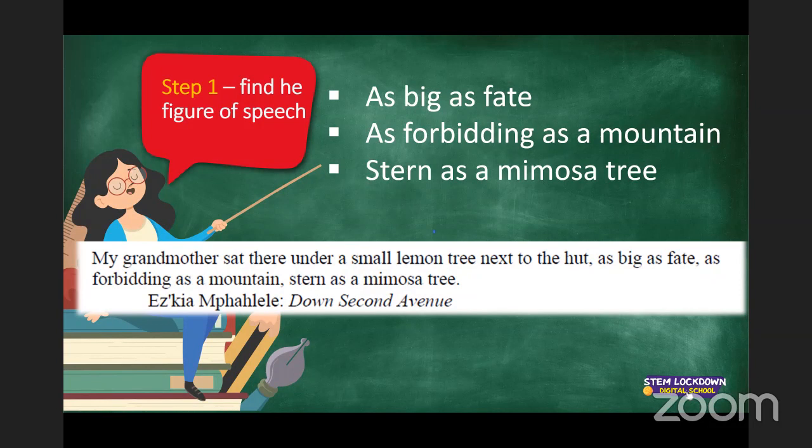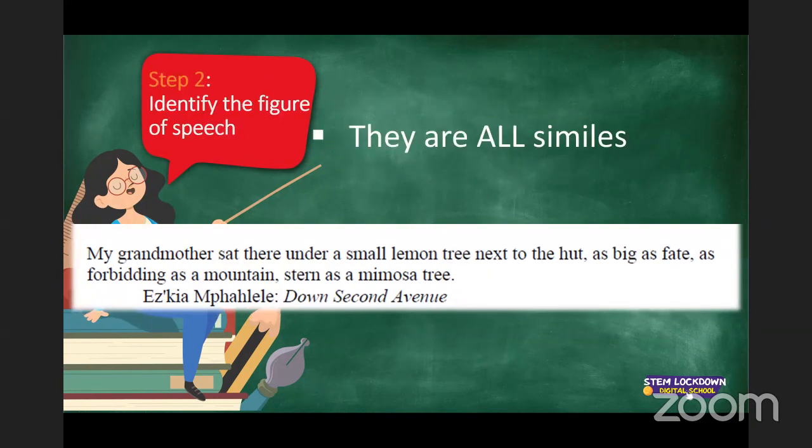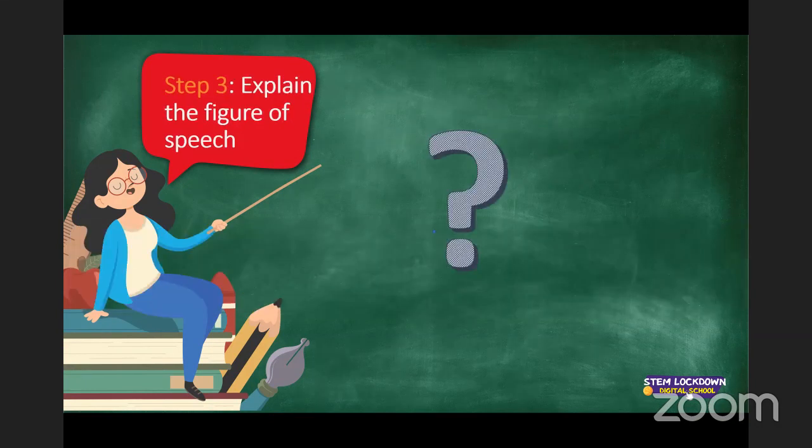So the first one there, as big as fate, forbidding as a mountain, stern as a mimosa tree. We've identified them there. Then for the second step we identify, and they are all similes, as we can see: as big as fate, as forbidding as a mountain, as stern as a mimosa tree.